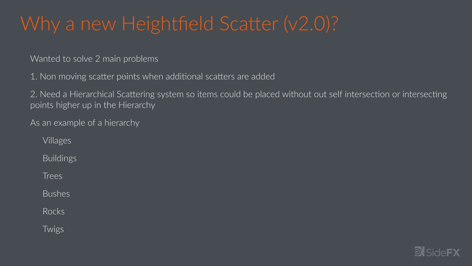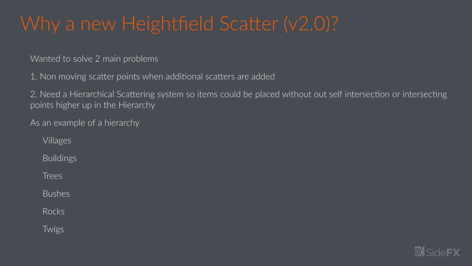Then we also needed to have a hierarchical scattering system. Why? Well, again, you're placing down villages or your major trees, let's say, and now you want to put down the bushes. You want to make sure that the bushes don't intersect your trees, or if you put down buildings, you want to make sure that no trees are growing through the buildings.